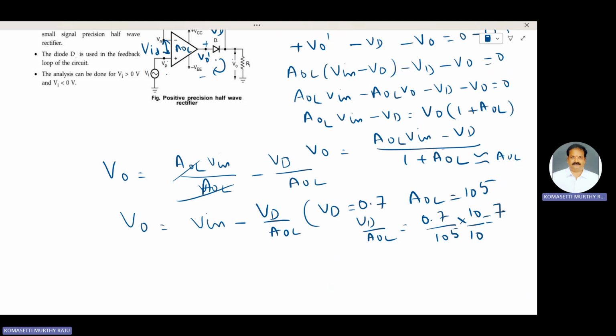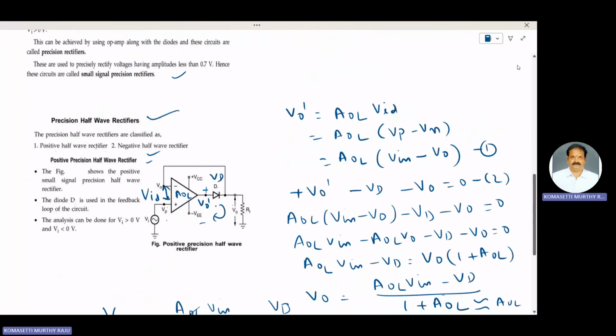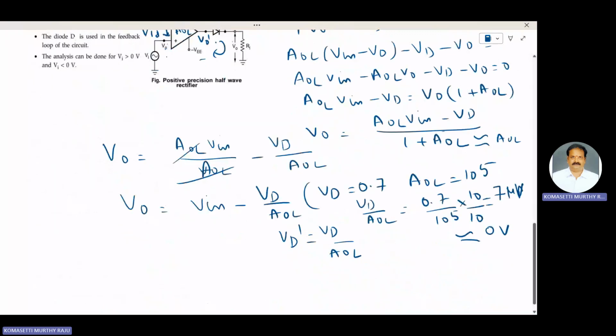This is the VD dash. Generally, VD dash is equal to VD by AOL. In conventional rectifiers, this one is VD. In the case of an op-amp, VD dash is equal to VD by AOL. This is approximately 7 microvolts, which is approximately equal to 0 volts. Therefore, V0 is equal to Vin.